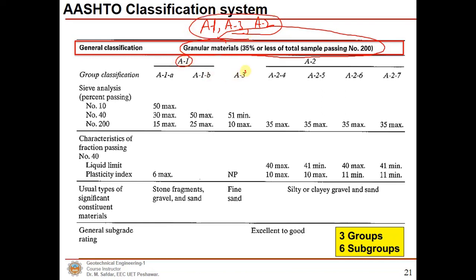A1 is subdivided into A1A and A1B. So this is the general classification. The group classification would be A1A, A1B, A3, and A2 has four subgroups: A24, A25, A26 and A27.